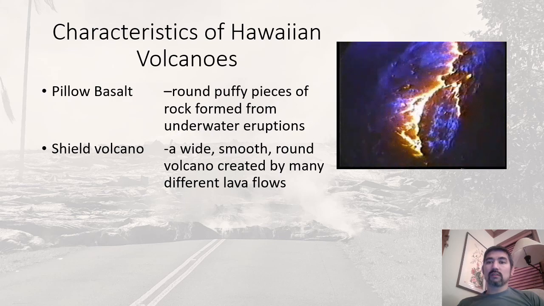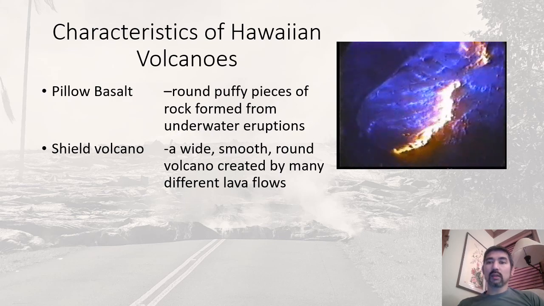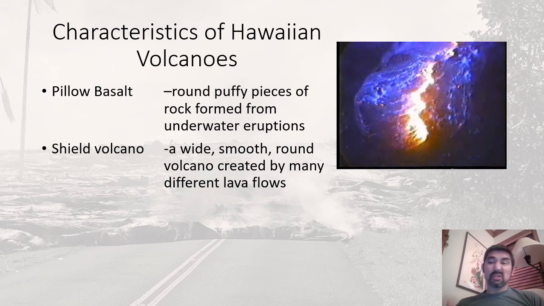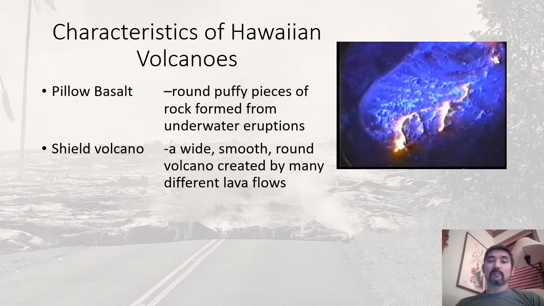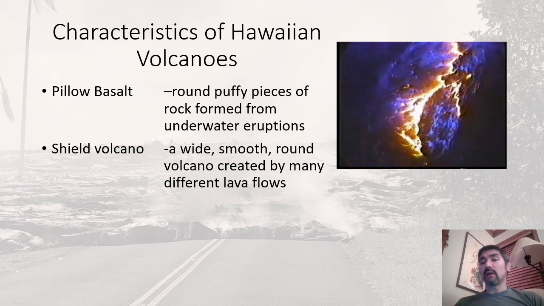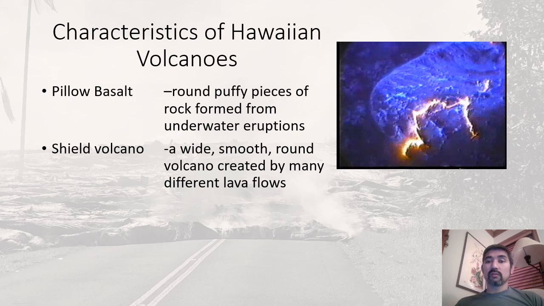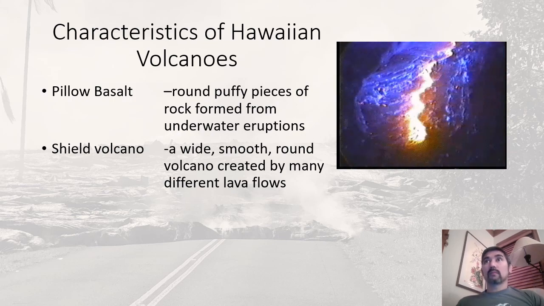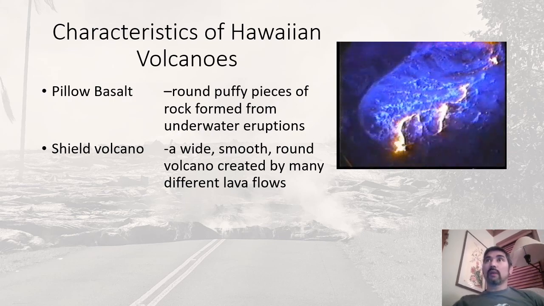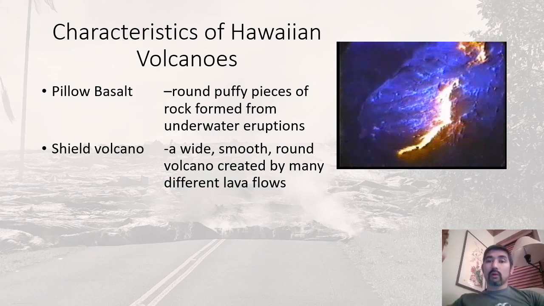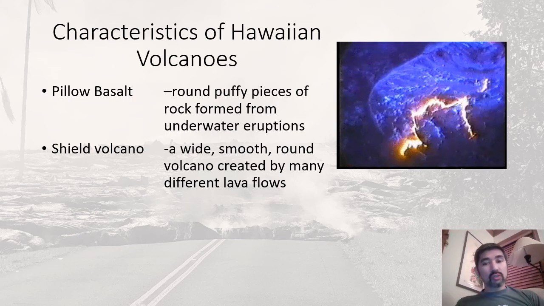You can see it's just kind of flowing out, it's cooling, and it forms these sort of round pillow-shaped chunks of lava. Anyways, you get basically a pile of this pillow basalt under the surface, and eventually, as the pile builds up and the magma goes higher and higher, it will break the water, and then it'll form what's called a shield volcano.